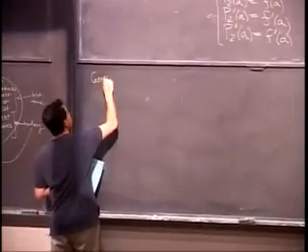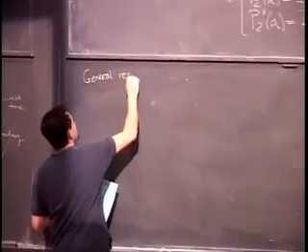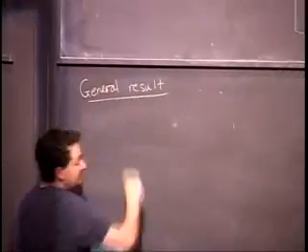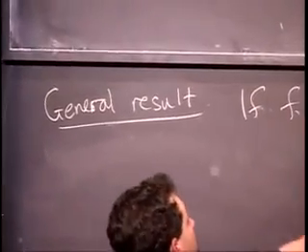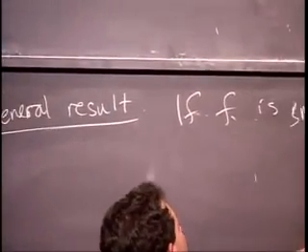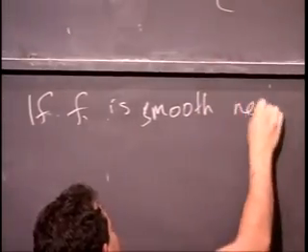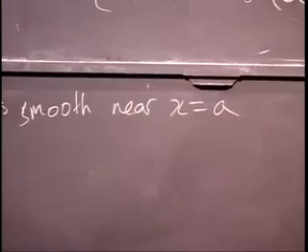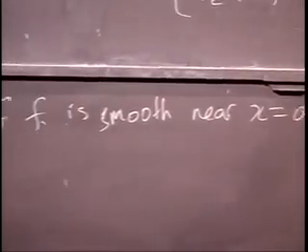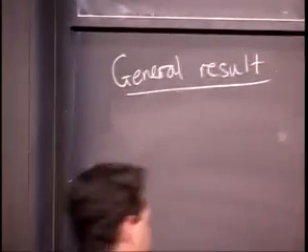So this is our first main point. This is like the first big thing that I'm telling you. If f is smooth near x equals a, by which I mean not only does it have a derivative, but a second derivative, third derivative, fourth derivative, any number of derivatives that you like, let's just say.